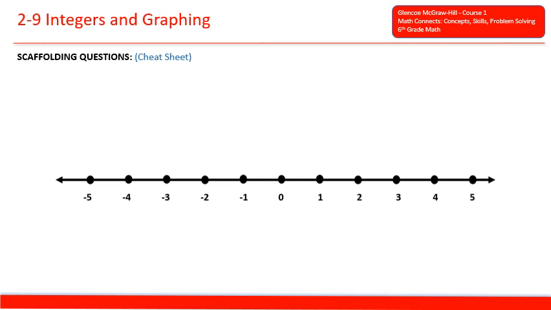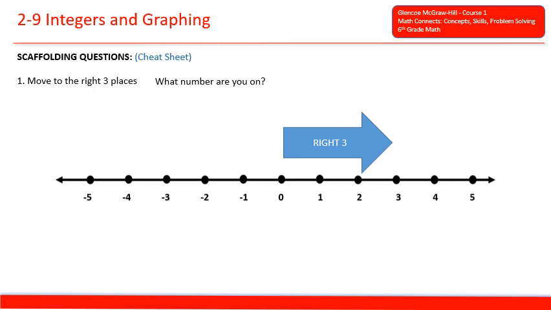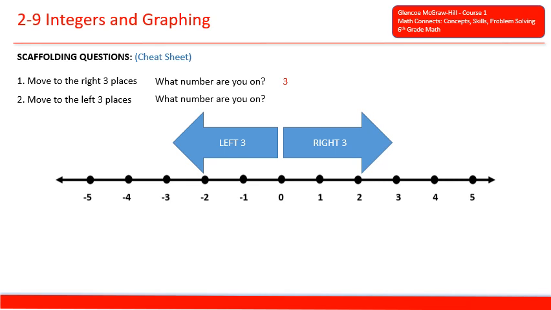Scaffolding questions. Move to the right 3 places. What number are you on? 3. Move to the left 3 places from 0. What number are you on? Negative 3. What do these two numbers, 3 and negative 3, have in common?